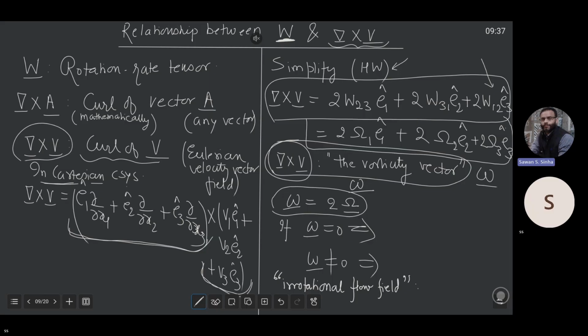So if in some flow fields small omega turns out to be 0, that also implies that big omega is 0. And if small omega is not equal to 0, obviously big omega is not equal to 0.